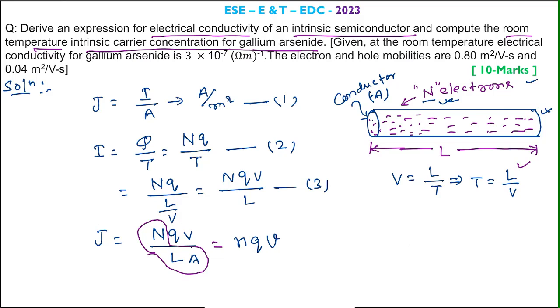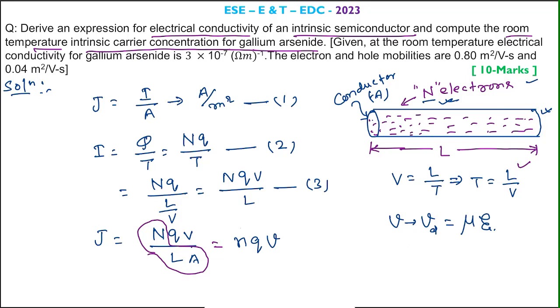This V is the velocity of the charge carrier, and if the conductor is placed under an electric field, then this velocity V is called Vd, the drift velocity, and is given as μ into E. This μ is the mobility of the charge carrier and E is the electric field present for this conductor.